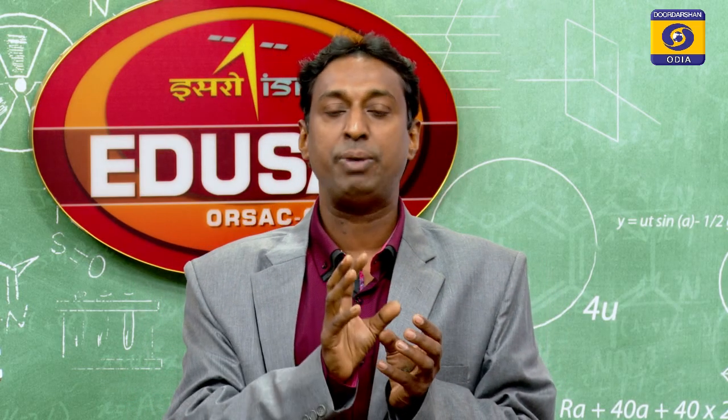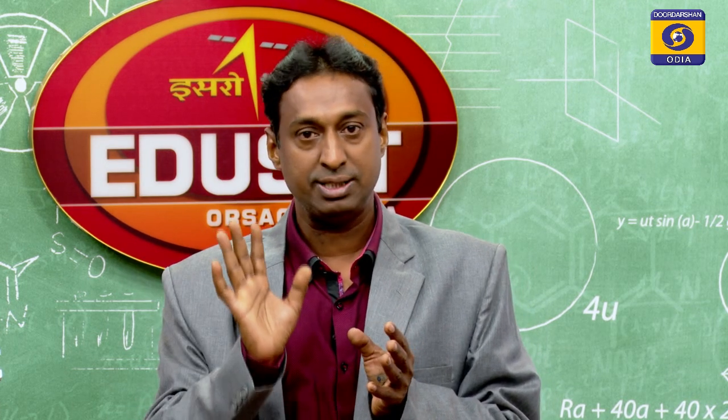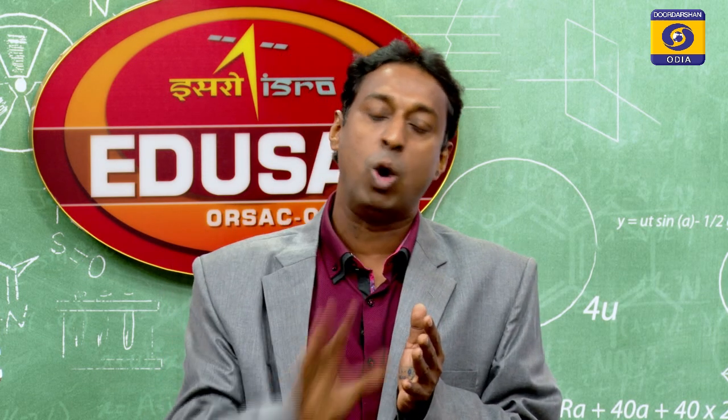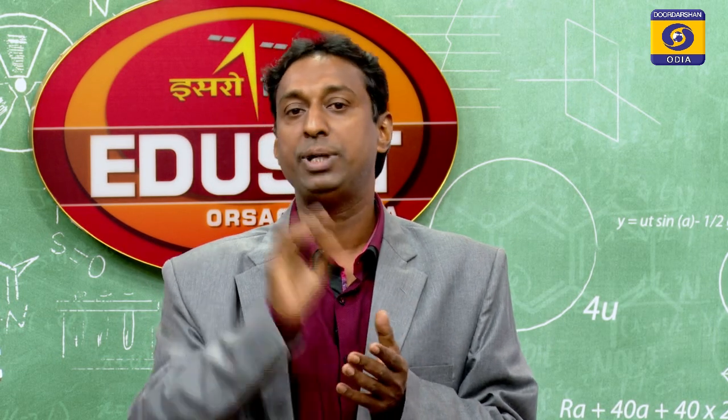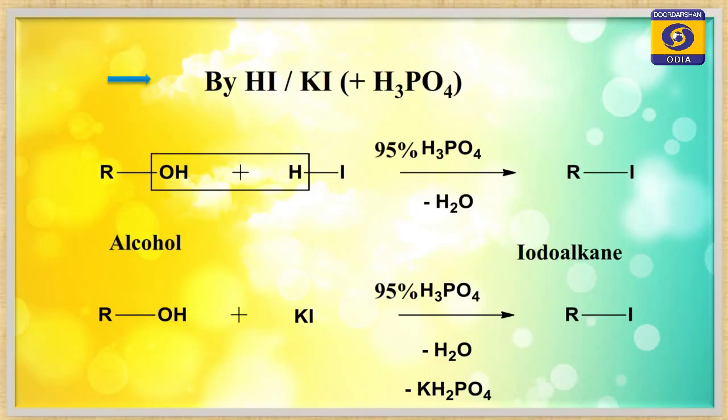Means in step 1, we have seen that the OH lone pair attacks the hydrogen atom of HBr, forming OH2 plus, and then OH2 plus is removed to form a carbocation, a stable 3-degree carbocation, and Br minus attacks to get you the product. See the next slide. By using HI, here also you can use KI, but for KI you should use the acid H3PO4, called phosphoric acid.